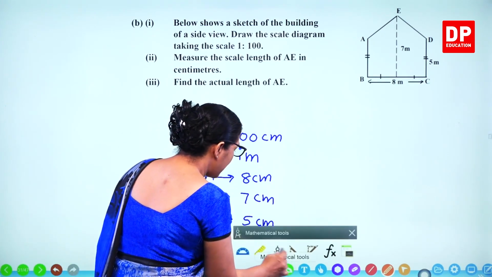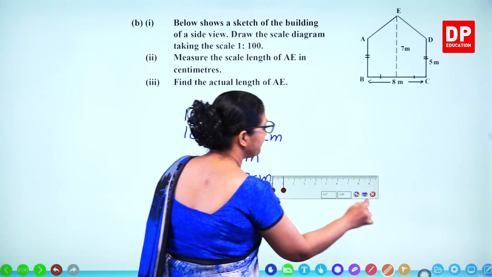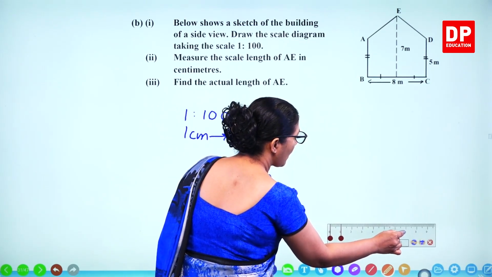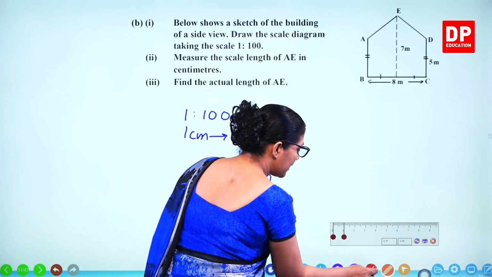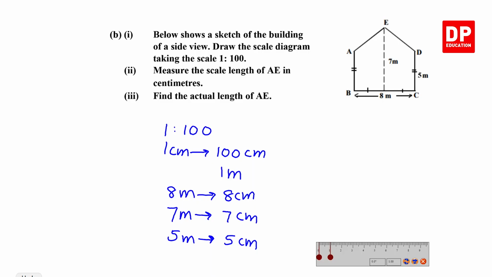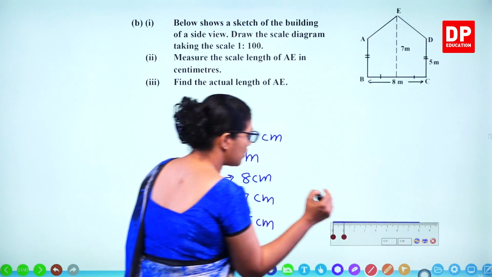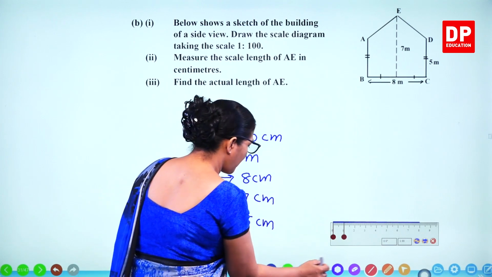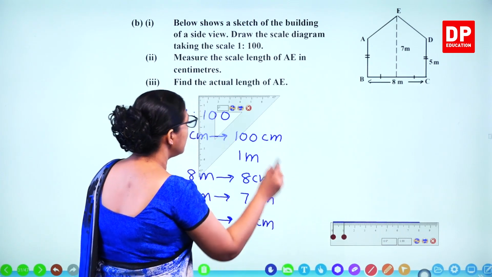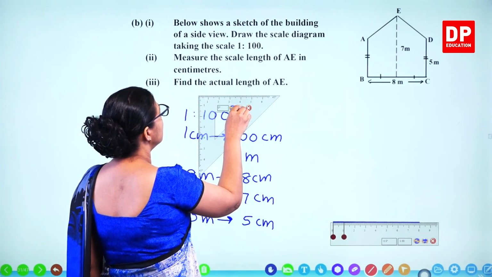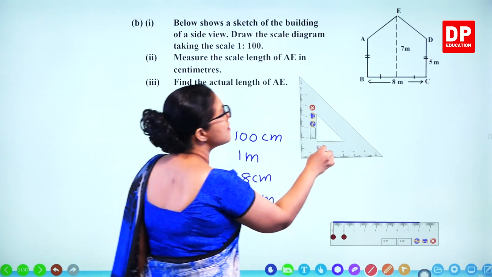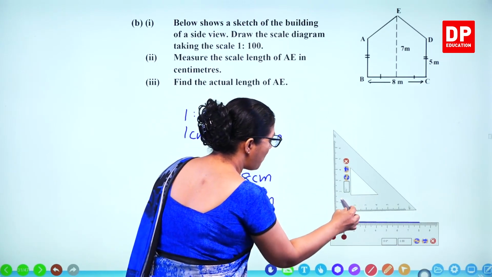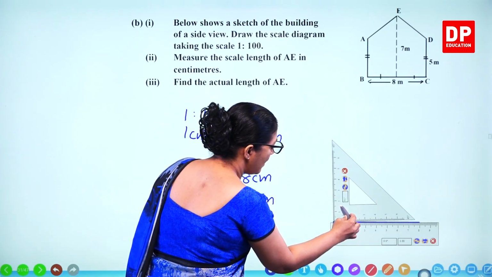So you can take the ruler and draw 8 centimeter length first. We'll start from here, 8 centimeters up to this point. And then we can use the set square because we need a perpendicular line.